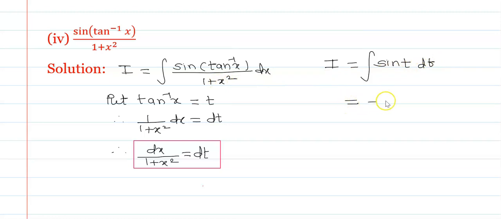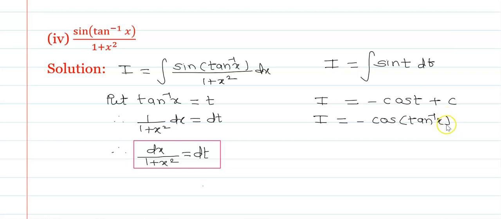And overall its integral is minus cos t plus c, and this is I. Therefore, I is equals to minus cos of, what is the t? T is tan inverse of x.